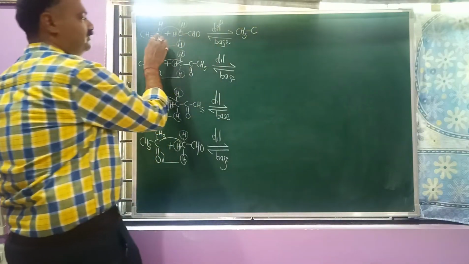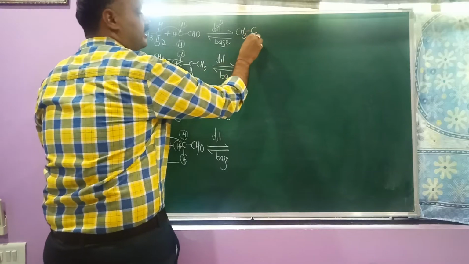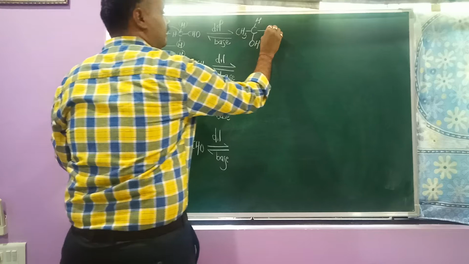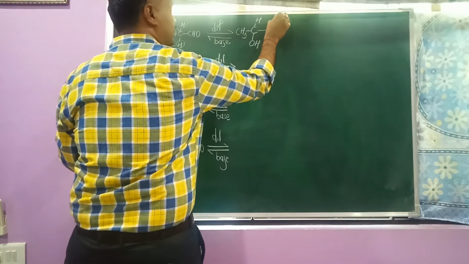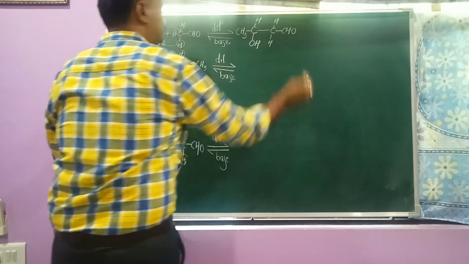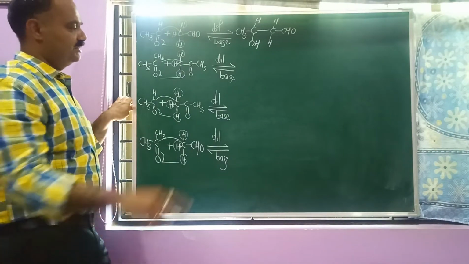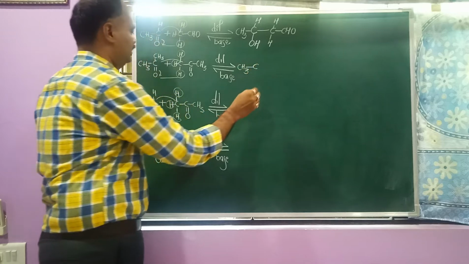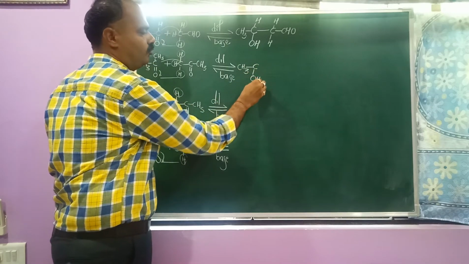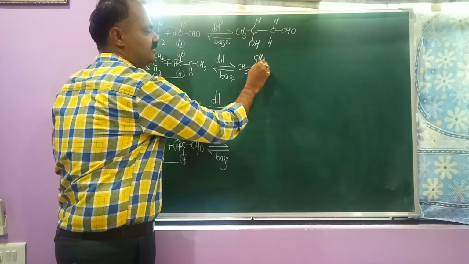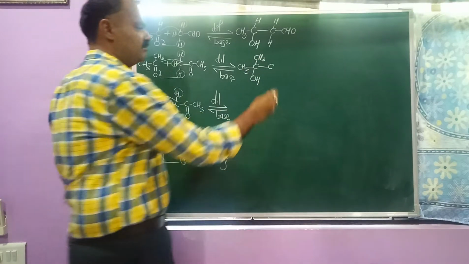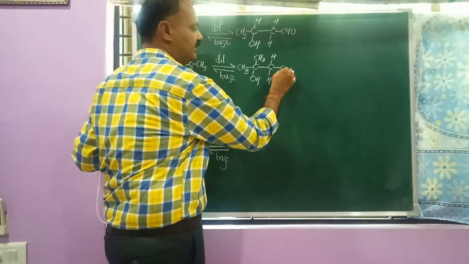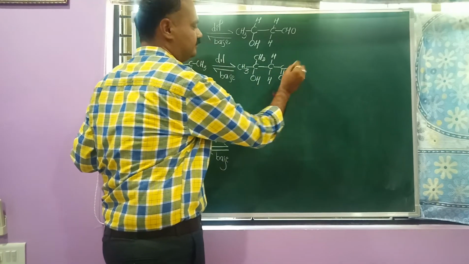CH3 carbon, this oxygen converting to OH, one hydrogen should be there, single bond, carbon, H H, CHO. Here CH3 carbon, OH, CH3, carbon, hydrogen, hydrogen, then C double bond O CH3.